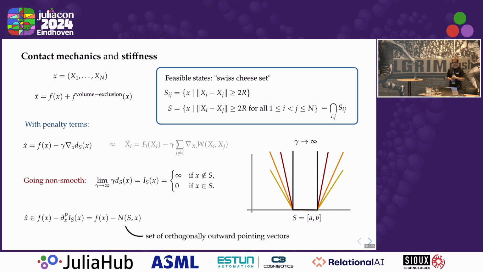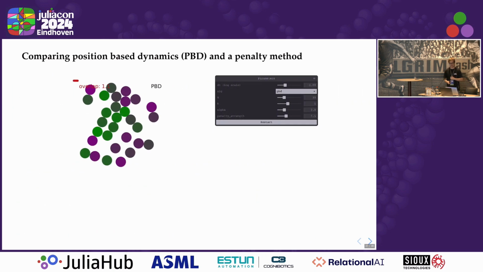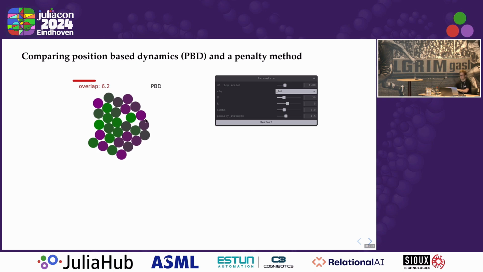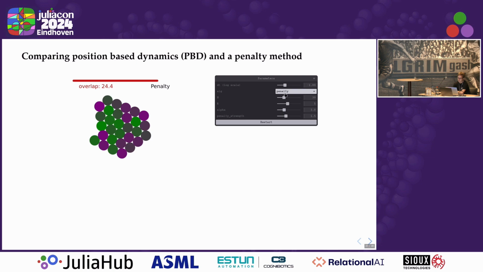And I have here some simulations showing the position-based dynamics method, which is really good for non-smooth systems, versus the penalty method. The nice thing is that the penalty method suffers from a lot of issues. Let me make delta t larger.